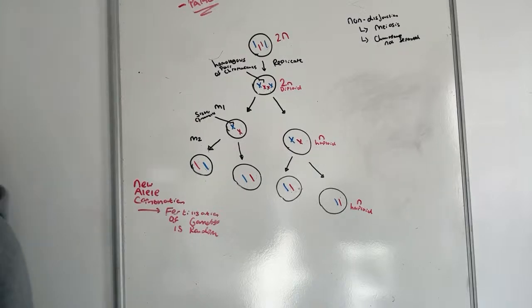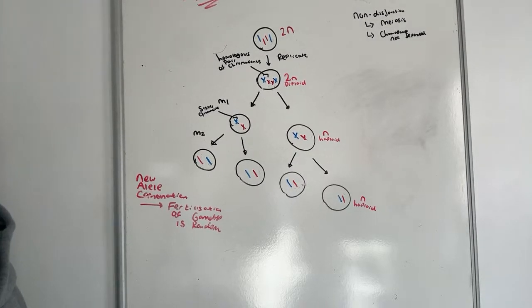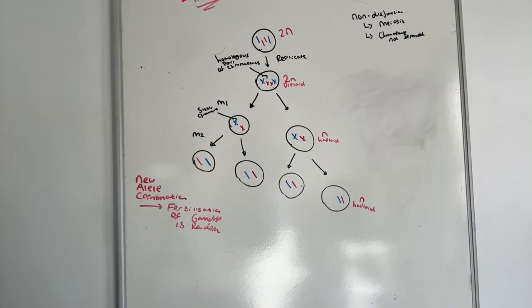I don't know how you would have inferred that. Crossing over is rare and only occurred in 10 tubes. Cool. Okay.